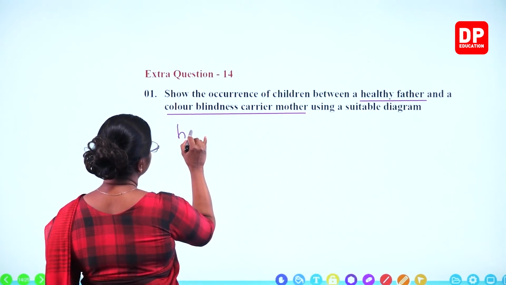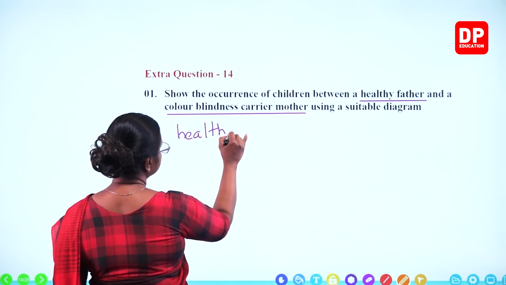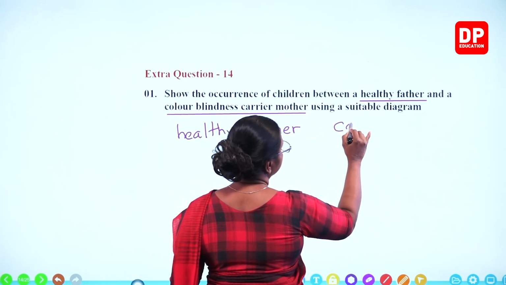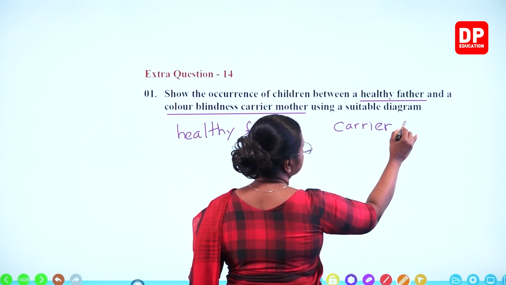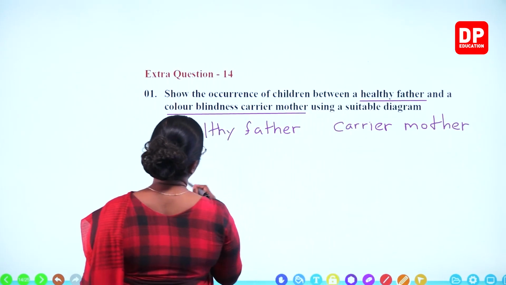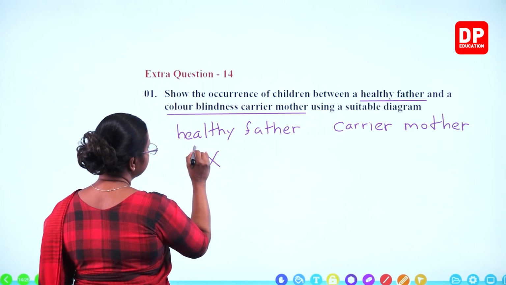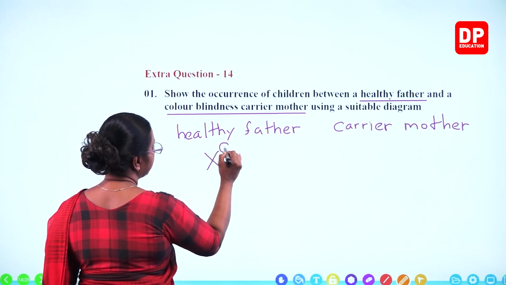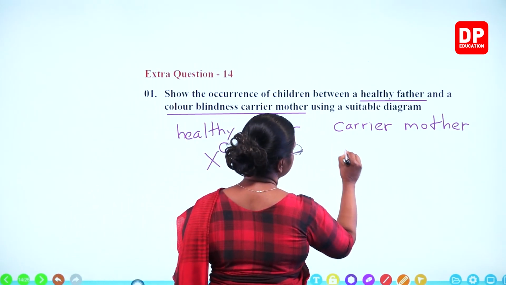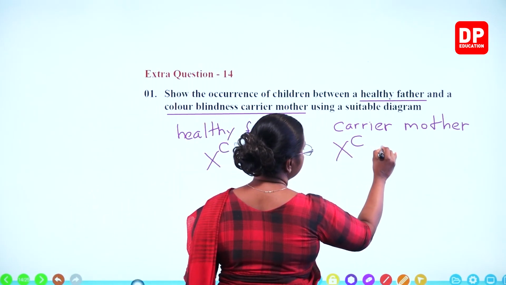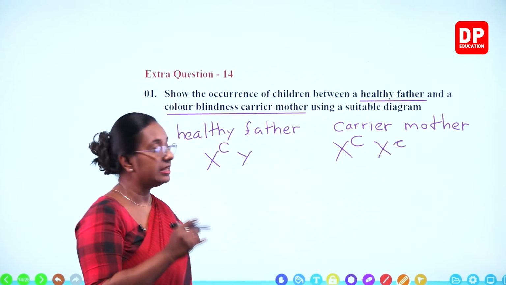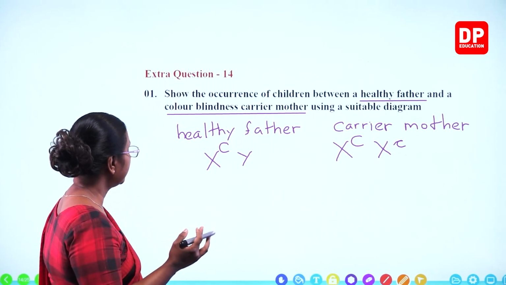So healthy father, carrier mother. Healthy father is X capital C and Y, whereas carrier mother has X capital C, X simple C. Simple C, I will write it with a line so we can differentiate it easily.